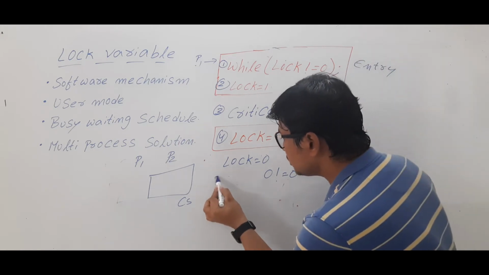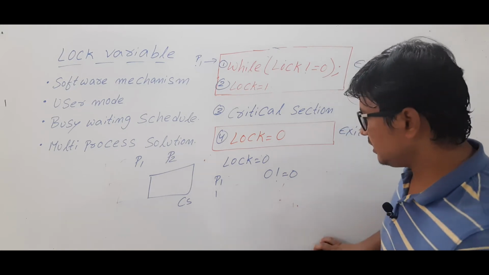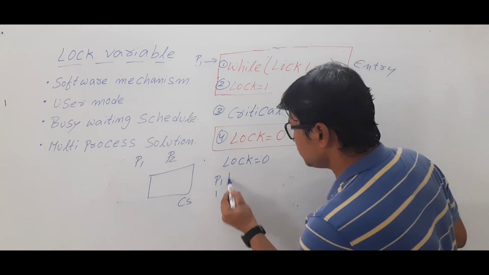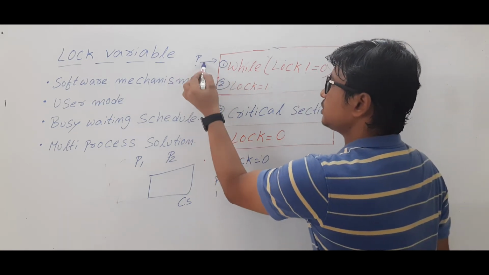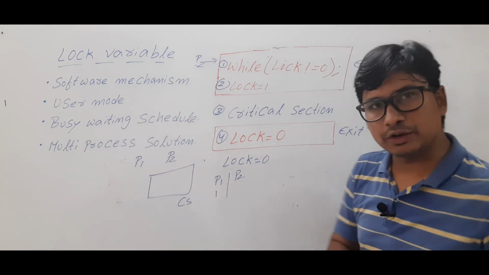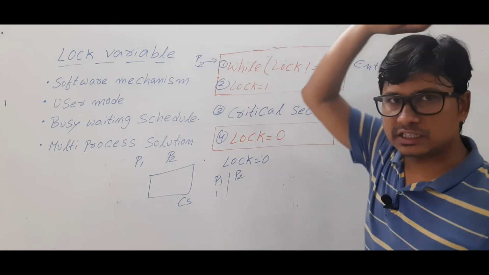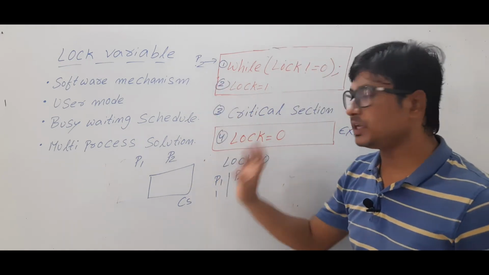While it is executing the second instruction, it was preempted. Is it clear? Are you able to understand? If it is preempted, then process P2 is verifying. Process P2 now wants to enter the critical section. Process P1 has completed instruction 1 and wants to execute instruction 2, but it was preempted.